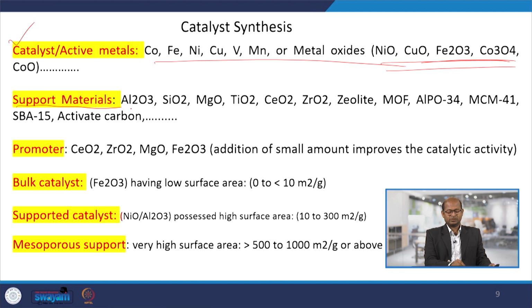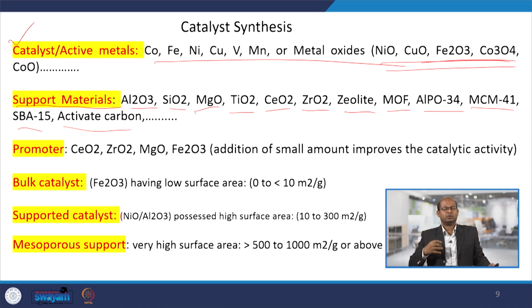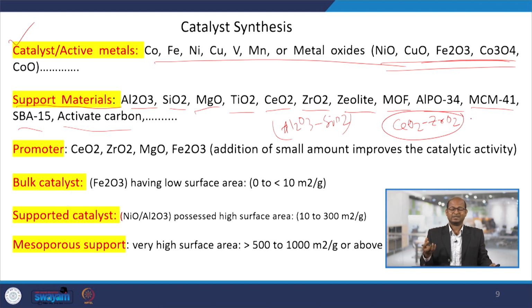Various support materials can also be used to prepare supported catalysts: alumina, silica, magnesia (MgO), titania, ceria, zirconia, zeolites, MOFs, AlPO-34, MCM-41, SBA-15, activated carbons. These are the materials; a few I discussed. Apart from that there are many combinations of two metal oxides, maybe alumina and silica at different ratios, or ceria and zirconia, where the combined metal oxides sometimes act as the support material.